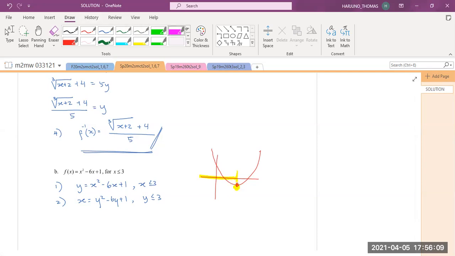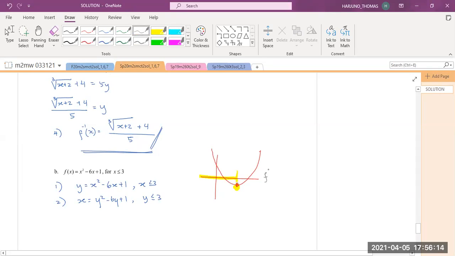What is the vertex, by the way? When x equals 3, f(3) will be 9 minus 6 times 3 plus 1. That's negative 8. So the domain of the inverse later on will be x is greater than or equal to negative 8.